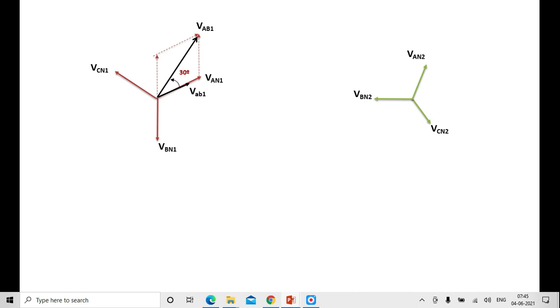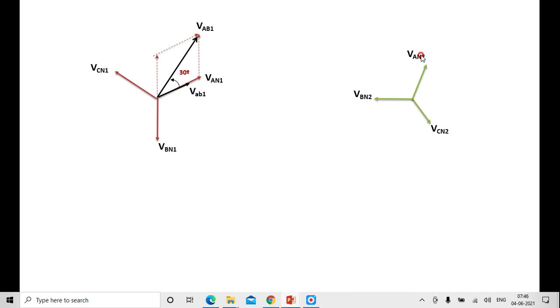Once again, I am interested in the line to line voltage on the star side. VAB2 is equal to VAN2 minus VBN2. So what I have to do is produce VBN2 in the negative direction.